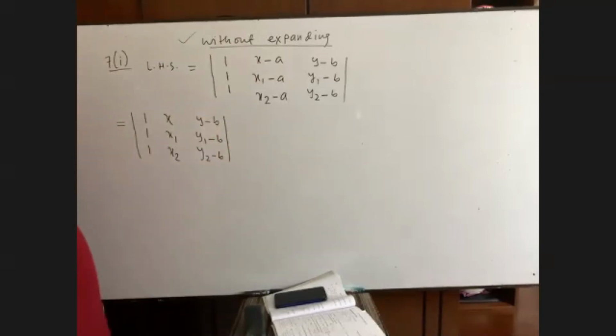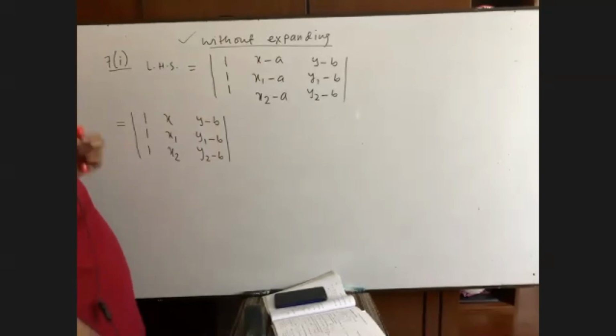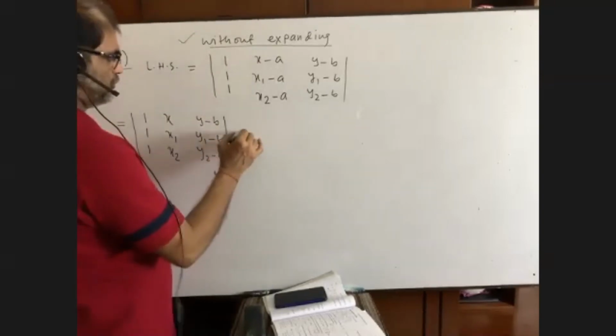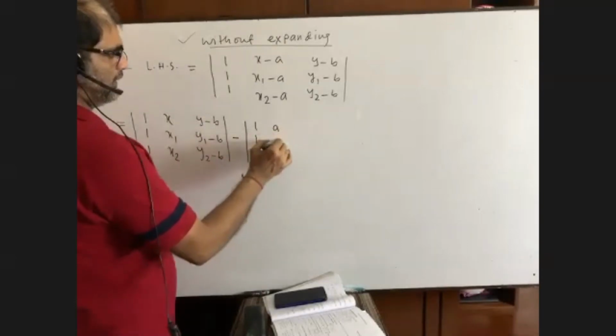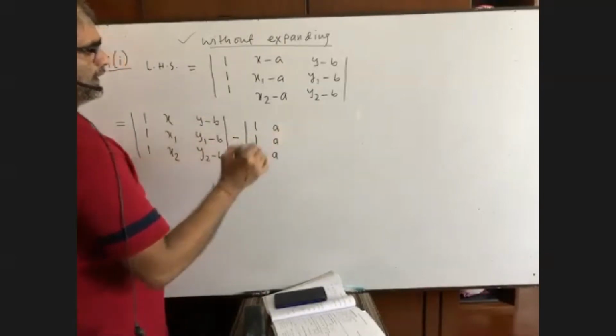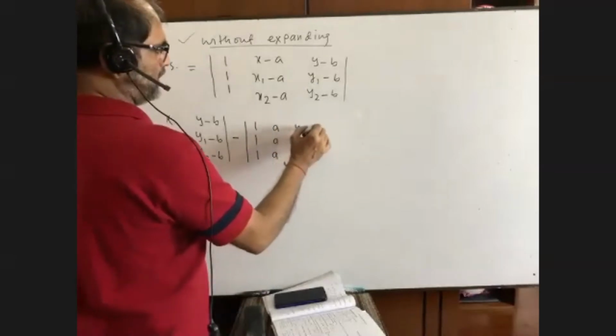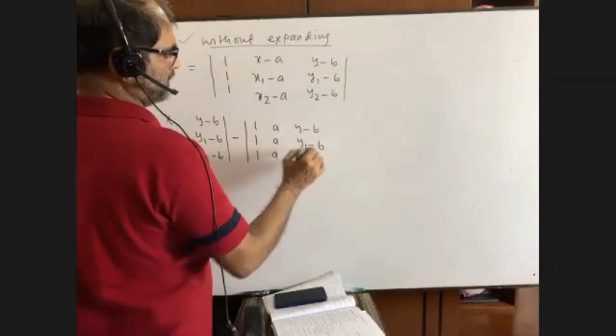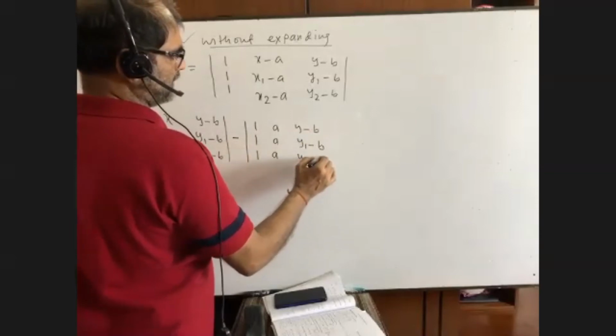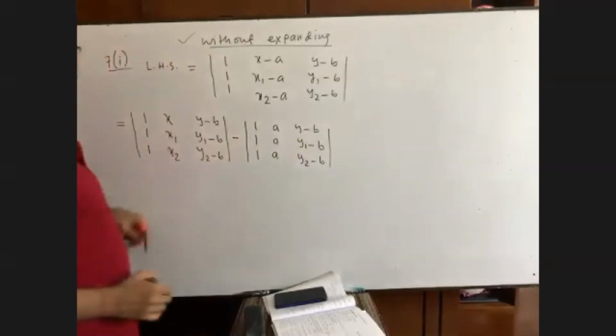Can you write? Actually, what we have not considered is this one. 1, 1, 1, a, a, a, y minus b, y1 minus b, y2 minus b. Can you please talk to me about what I have done here?